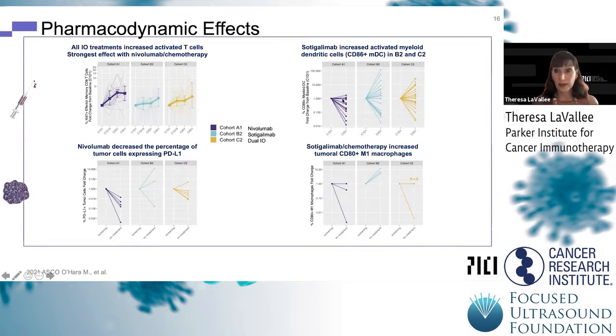Likewise, in the blood, we do see effects of the CD40 that are unique to the CD40-containing arms, in that we see activation of the dendritic cells, which is not seen in the PD-1 treatment arm. So did the drugs hit their targets and tickle their targets? In fact, they did, and we do see immune activation that is distinct with PD-1 and with CD40.